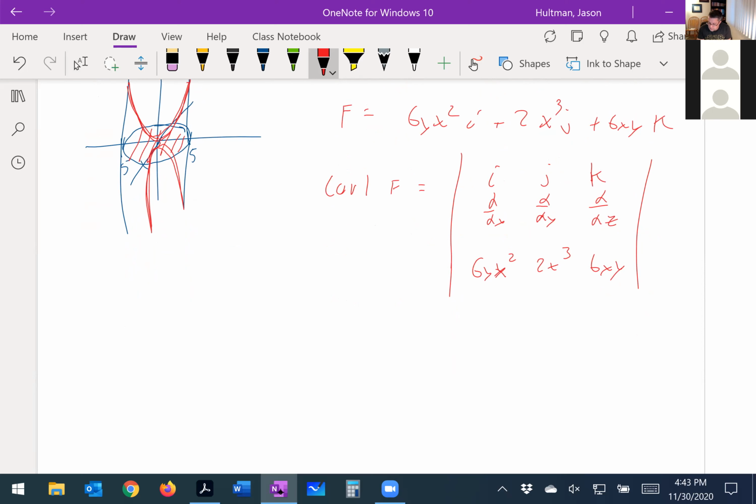d/dy of 6xy is 6x. d/dz of 2x cubed is 0. Okay, d/dx of 6xy is 6y. d/dz of 6yx squared is 0.